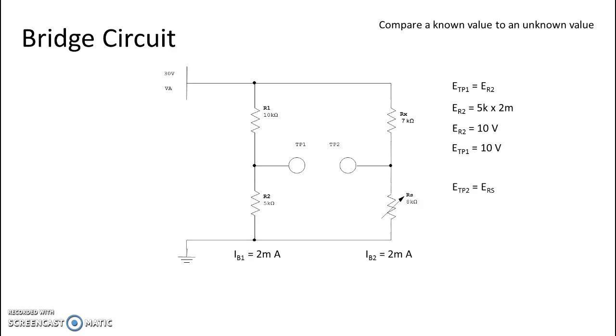We take the current in the branch and multiply it by the ohmic value of Rs, which is 8,000 ohms, multiplied by 2 milliamps, and we get a voltage drop of 16 volts at test point 2. So we have our voltage at test point 1 of 10 volts, and our voltage at test point 2 of 16 volts. Now, in order to measure, we would reference in our known side.